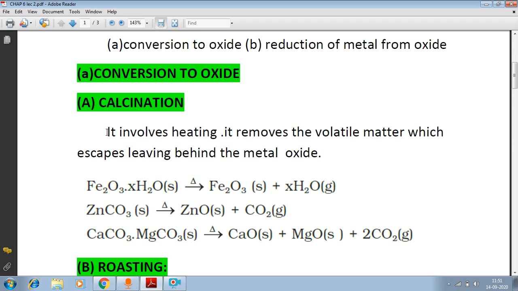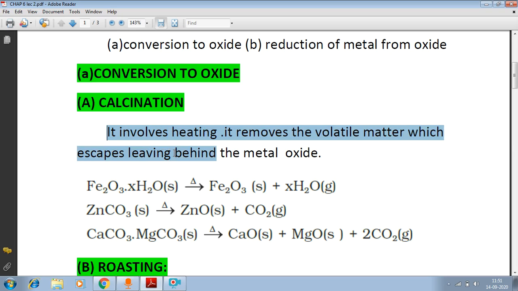We are just heating the carbonate ore, the concentrated ore. It involves heating, and it removes the volatile matter, which escapes, leaving behind the metal oxide.